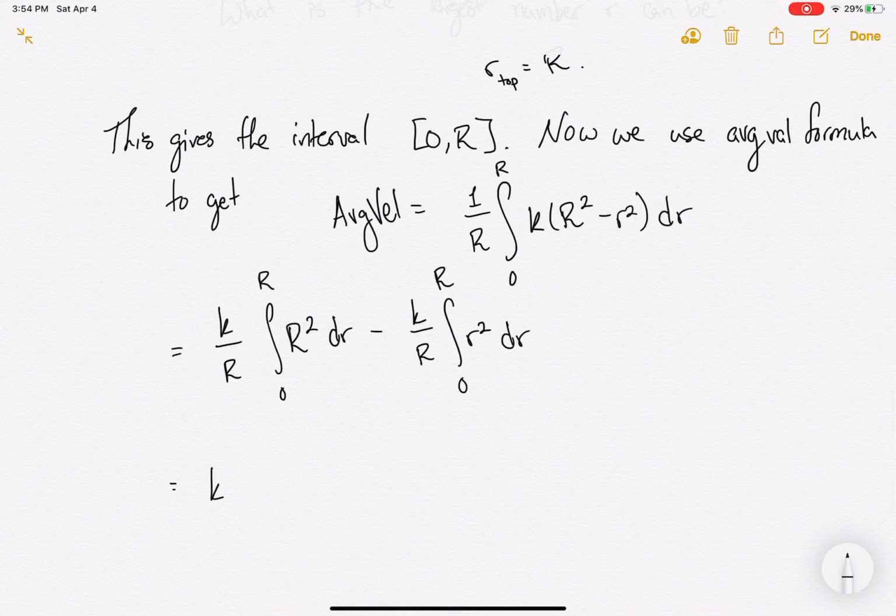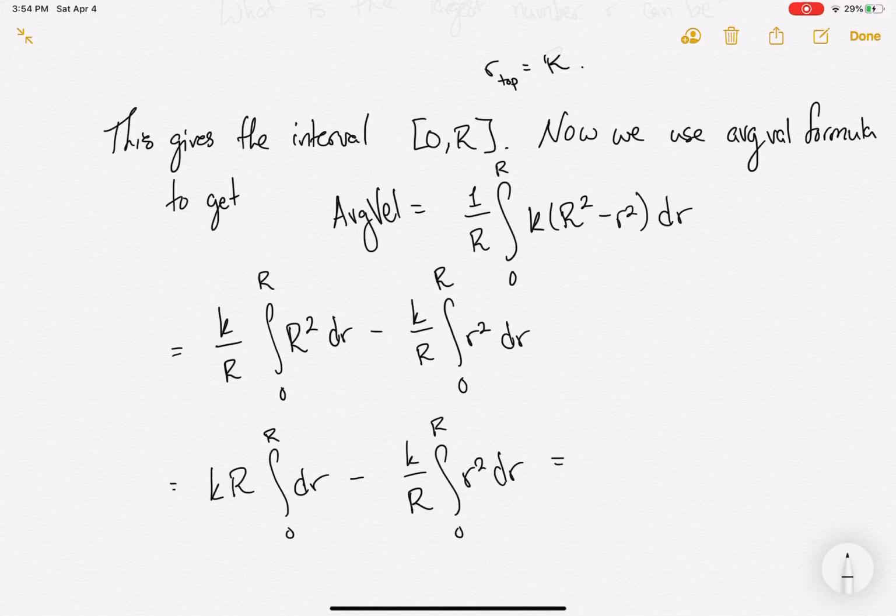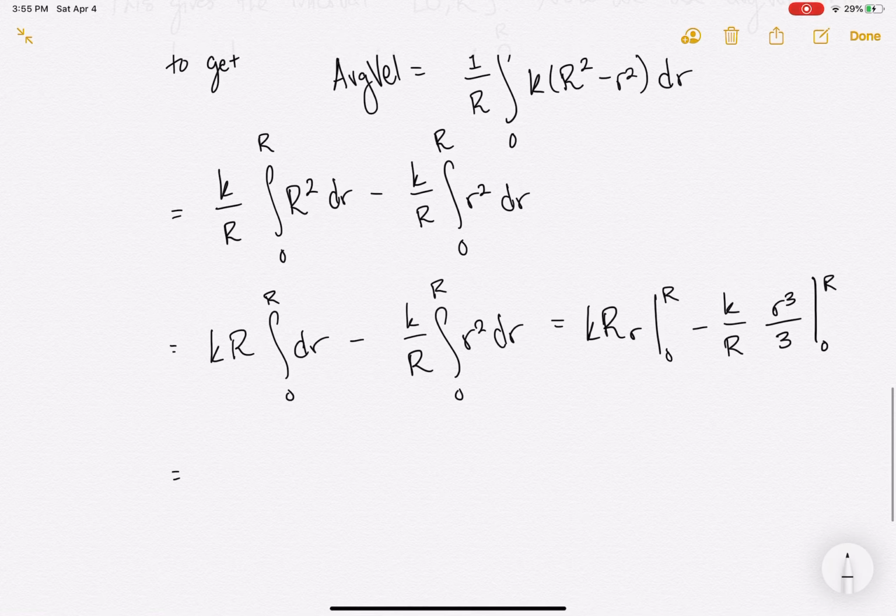So really this is k R squared, integral 0 to capital R dr, minus the second one stays the same. And then it's just the regular power rule. So this is just k R squared times little r from 0 to R, minus k over R, and then this r squared, of course, uses the power rule, r cubed over 3, 0 to R.